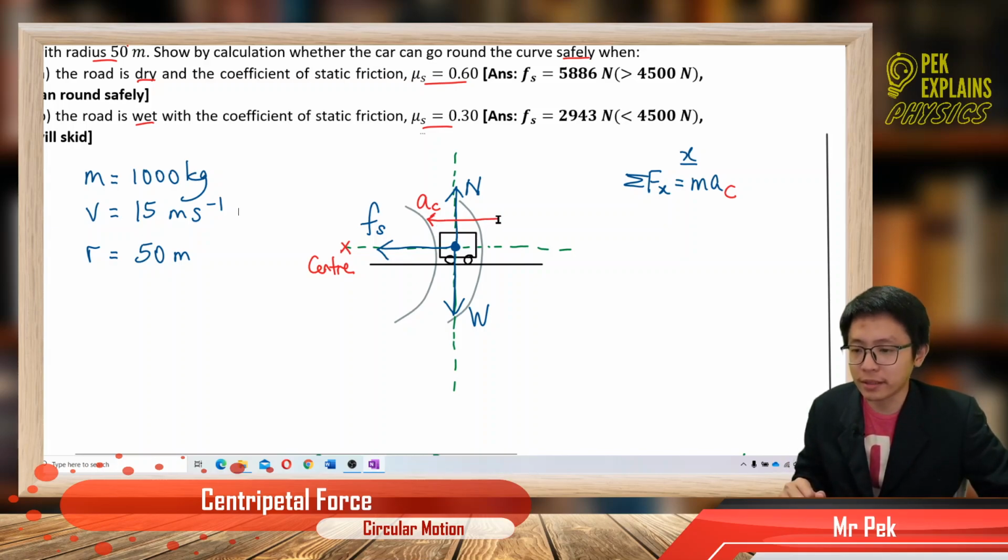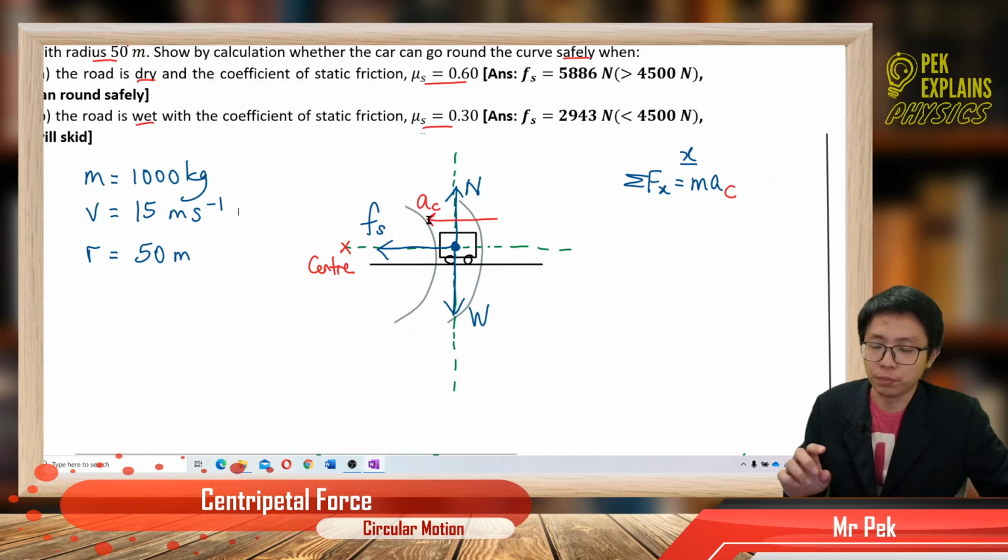Centripetal acceleration is always towards the center of the circle. Our center of circle is at the left-hand side, so our centripetal acceleration is towards the left. We need to draw the acceleration because we need to put the positive or negative sign: if it follows acceleration we put positive, if opposite acceleration we put negative.